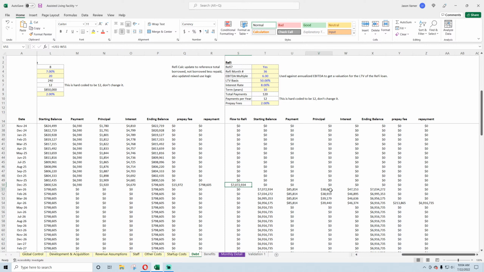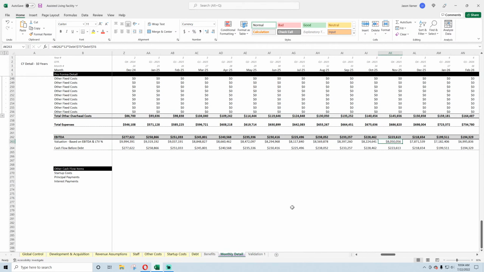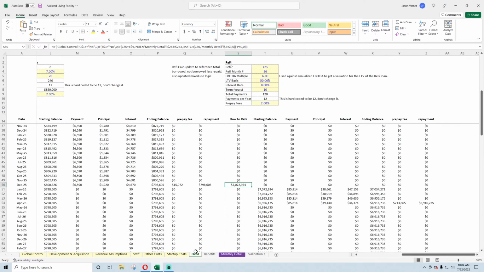The P&I, principal and interest, is based on that amount. And then the net we get when we go down and do our remaining cash flows, it will show the total refi proceeds, which would be this 8,050,000, less any prepay fees, repayments, all that stuff.